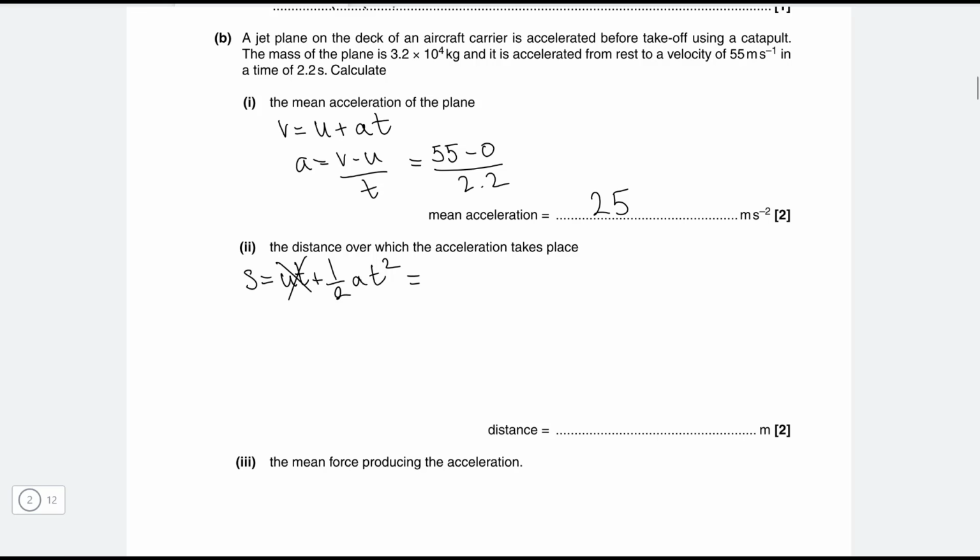What we're going to get is that this will be equal to a half times the acceleration, which is 25, multiplied by the time, which is 2.2, squared. If we put this into a calculator, we're going to get about 60.5 meters, which is our answer.